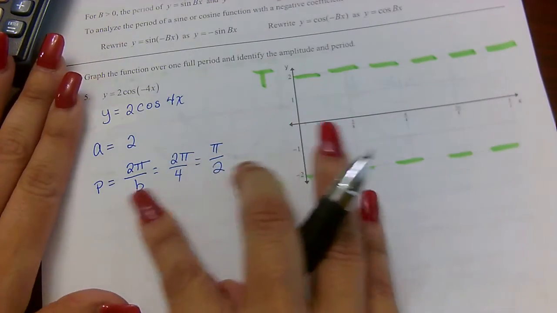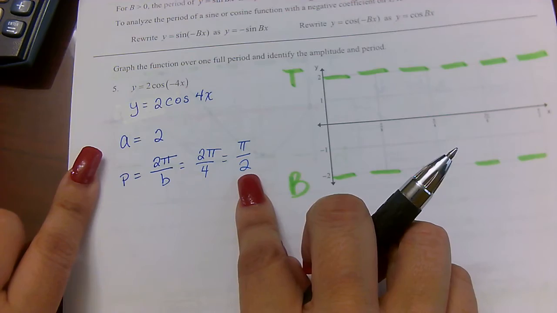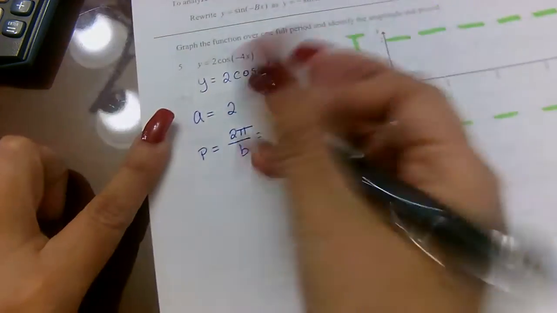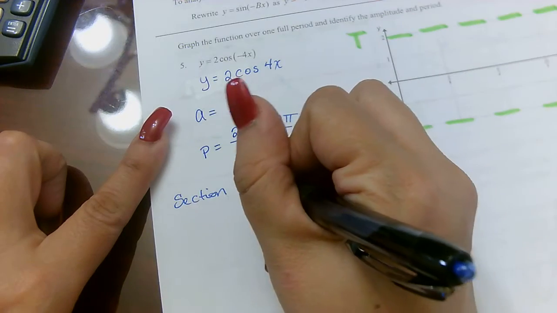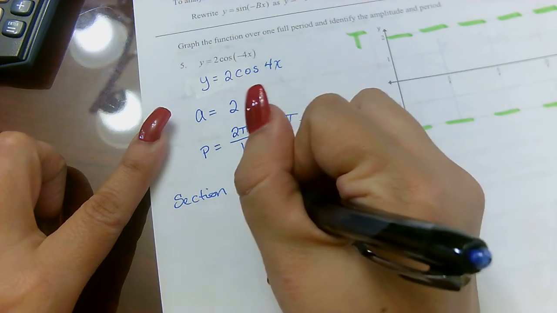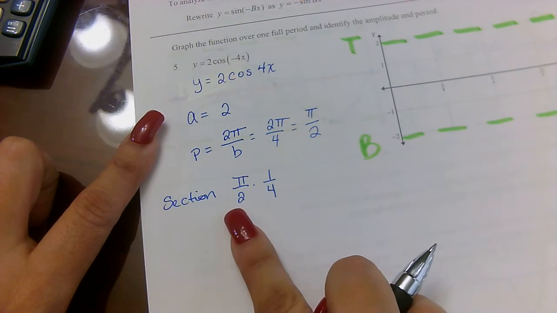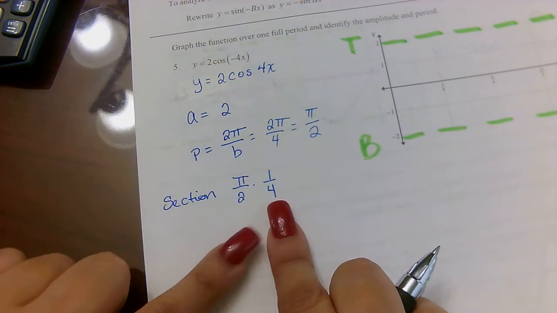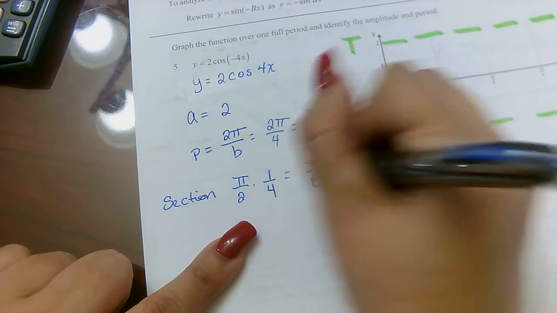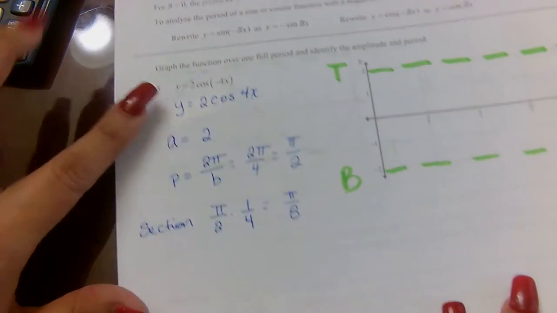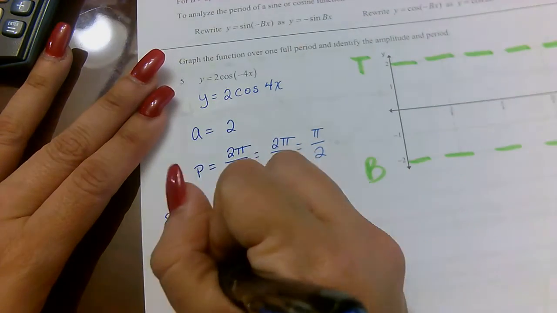So when I'm looking at the entire period, I want 4 parts. So I'm dividing the period into 4 sections. That will get me pi over 8. Now, cosine. Where does cosine start at?